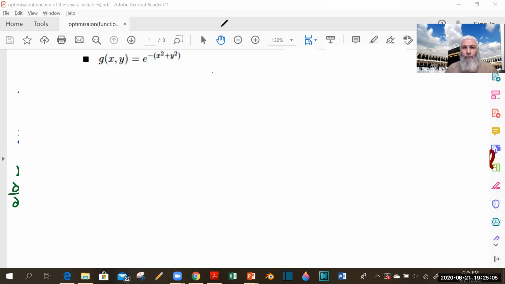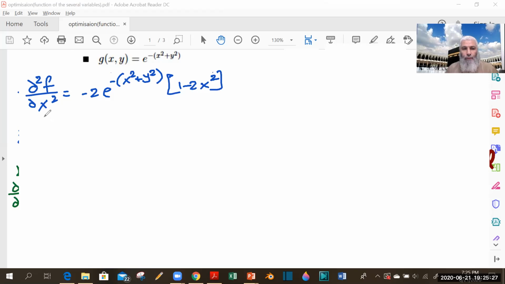Here we have d2f dx squared equals negative 2 e power negative x squared plus y squared multiply 1 minus 2x squared.